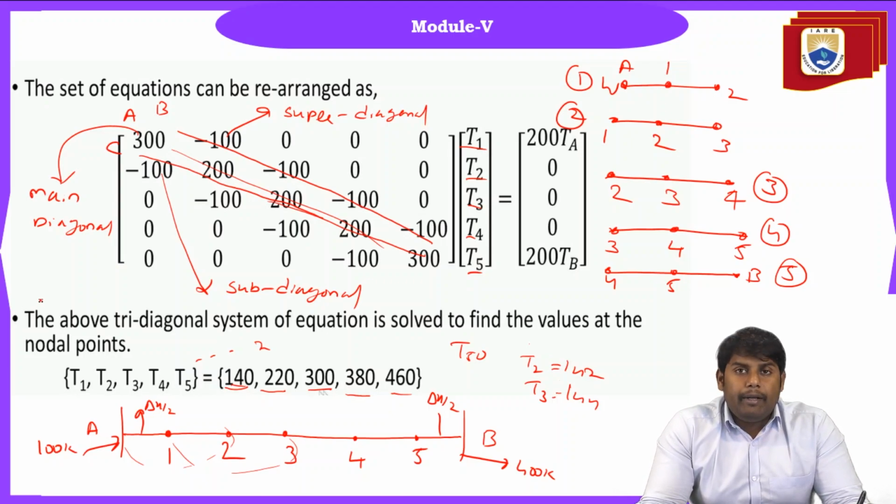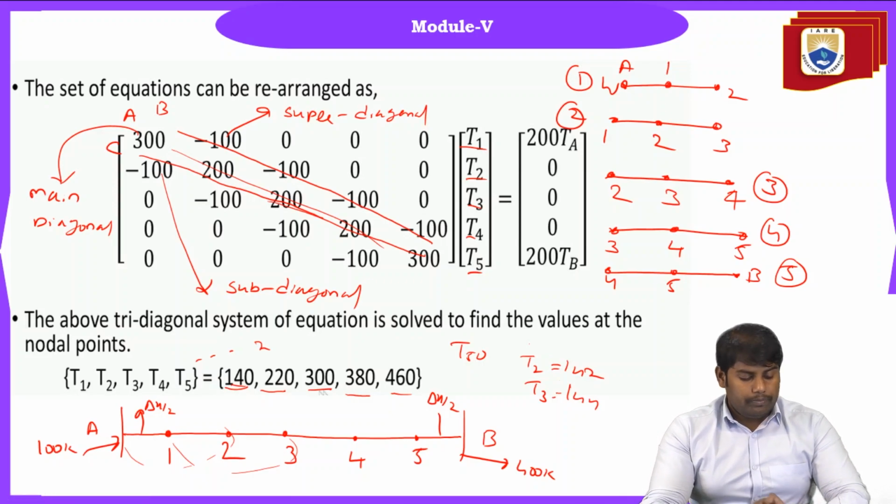Let's say at the end point T5 the solution is 160, T2 value 220, T3 value 300. This may be the same, but when you increase the number of points, the accuracy will increase, and the smoothness of the graph between the temperature profile and X will keep on increasing.